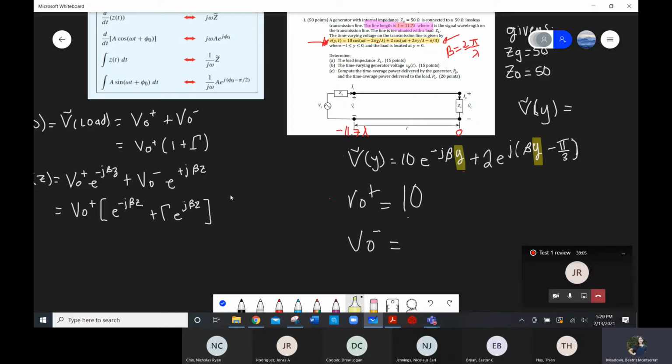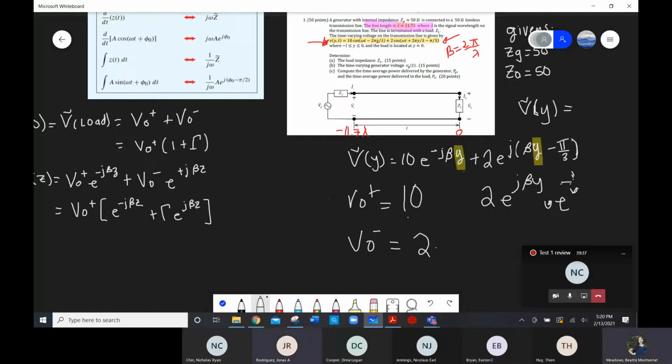So 2. No, what else? There's something else besides just beta z in this equation. So it's 2 times e to the negative j pi over 3. Yeah, it's 2 times, however you do it. And if this makes it easier for you guys, actually, let me do it the nice human being way. So this is nothing but e to the j beta z times e to the negative j pi over 3, right?